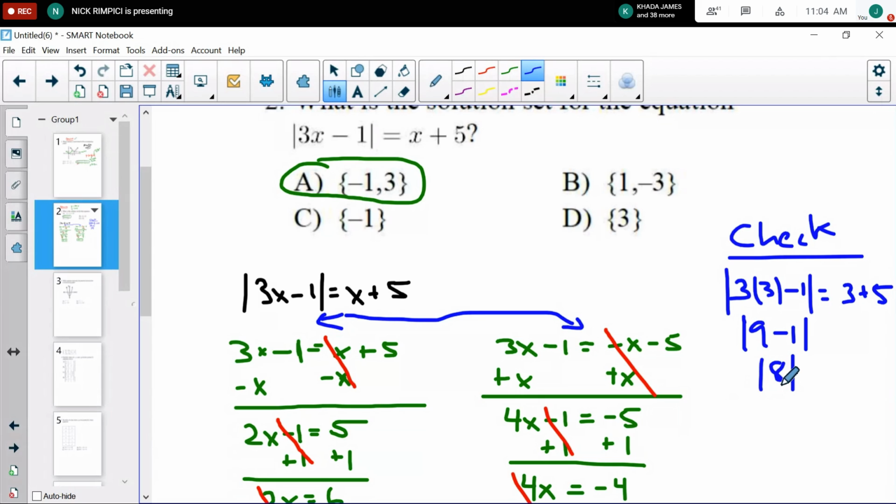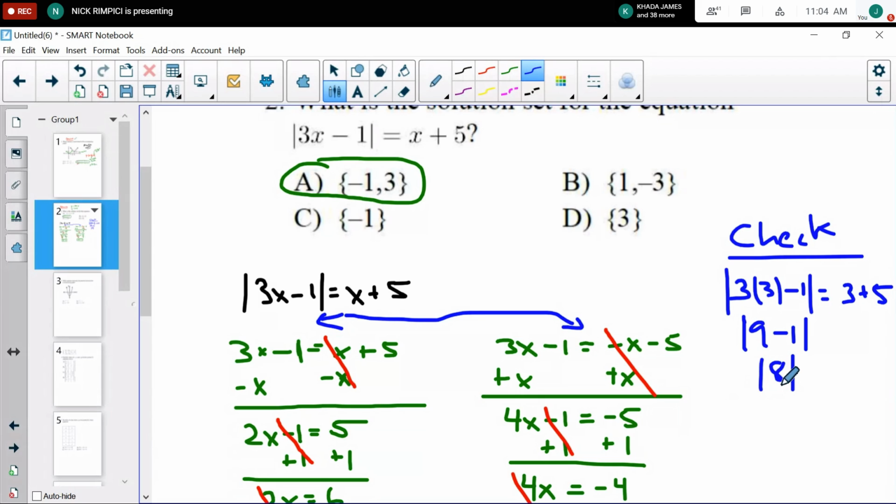On the right side, 5 plus 3 is just 8. So I can see that the left and right side are in agreement, so my check is valid. They're equal there. So I know for a fact that 3 works. 3 is a good answer. It makes the statement true.